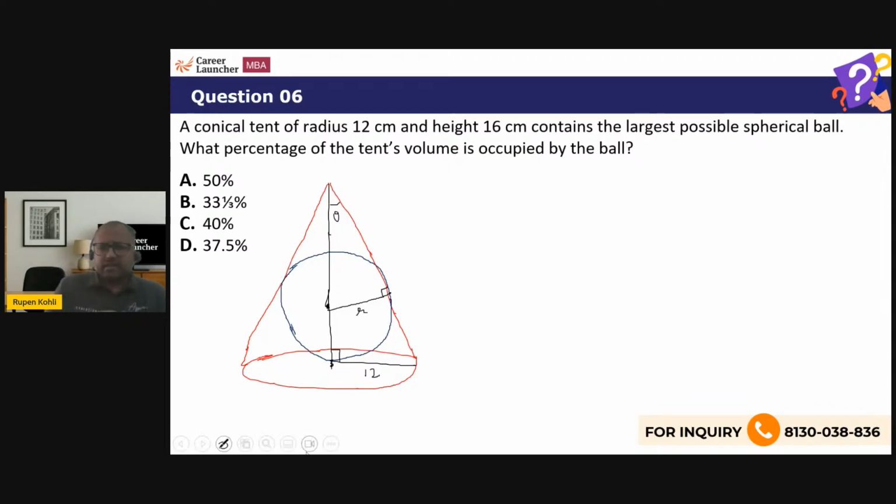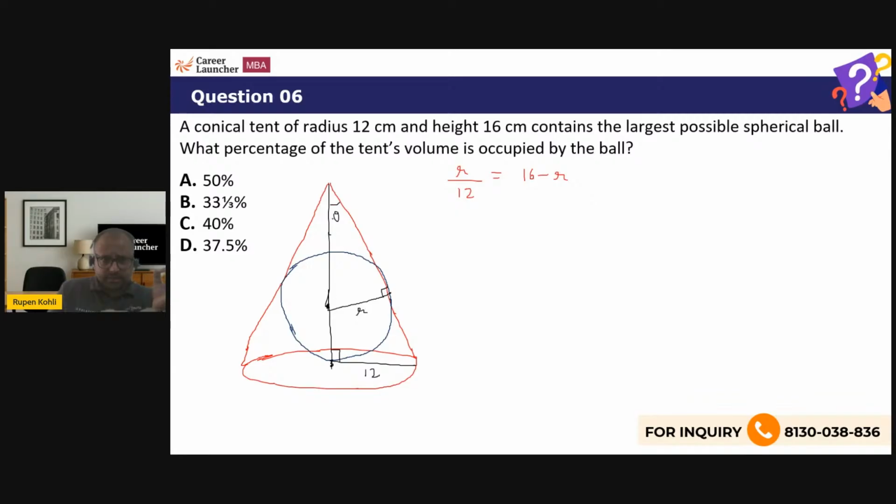So you can write that the ratio of corresponding sides is equal, and you should be able to find the radius r. The whole height is 16, remember. Opposite to theta in the smaller triangle I have r, and opposite to theta in the larger triangle I have 12. Now what else do I know? Opposite to 90 in the small triangle, since this is r and the whole height was 16, 16 minus r is opposite to 90 degree.